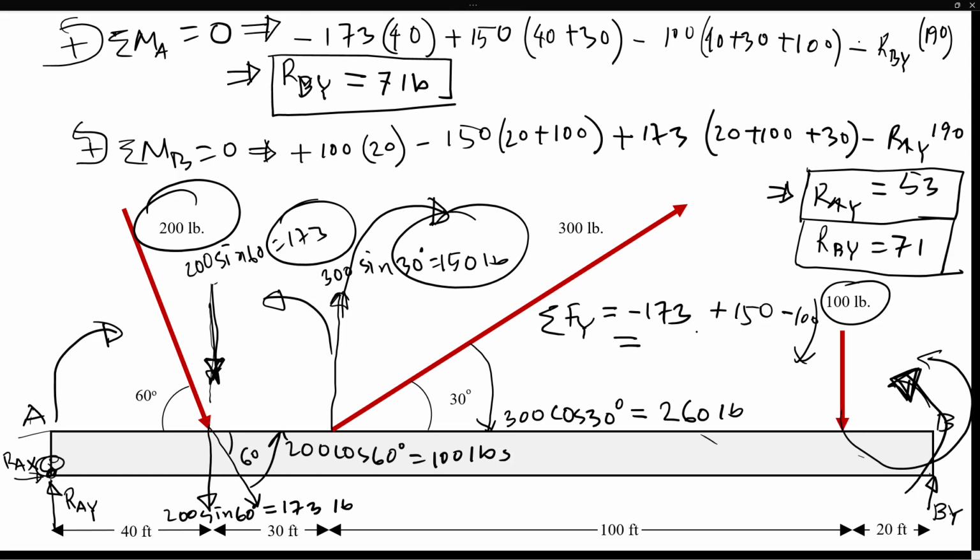If you add all of these, I found minus 123 pounds total external load in the y direction downwards. These two reactions, if you add them, will be exactly 123.